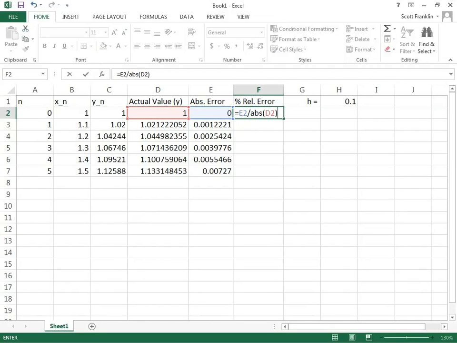And you're using the actual value because you want to know how far you are off from its true value as a percentage. And I'm also going to multiply times 100, so it's in percent form.